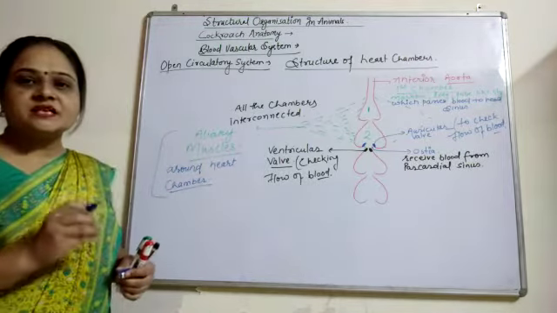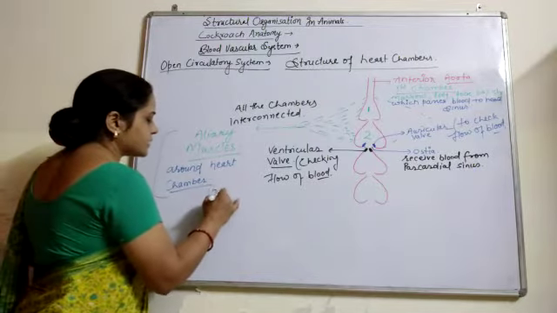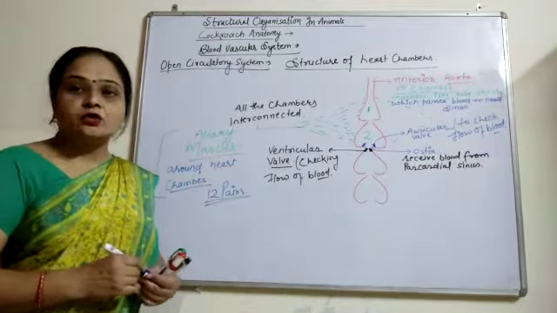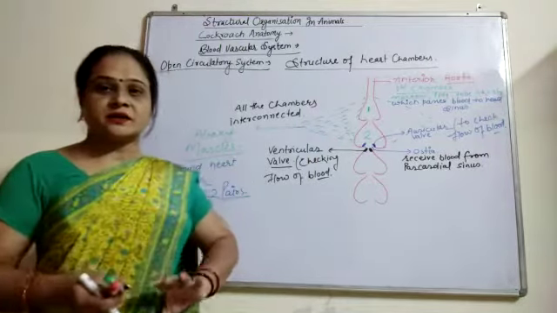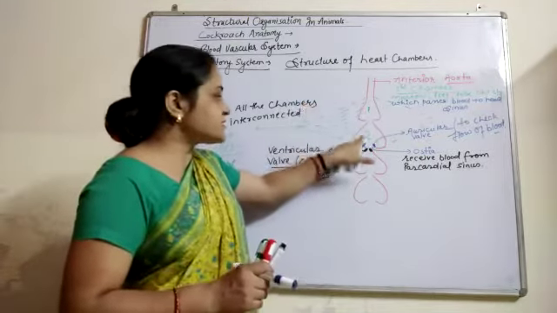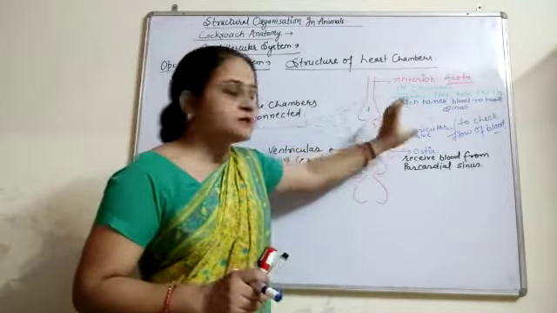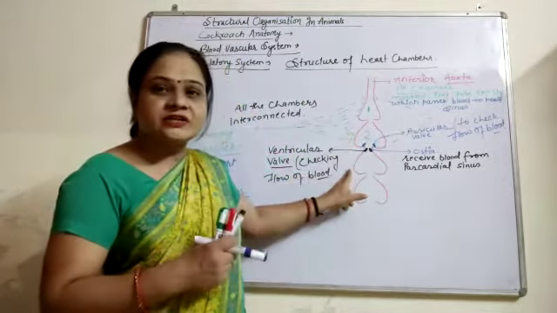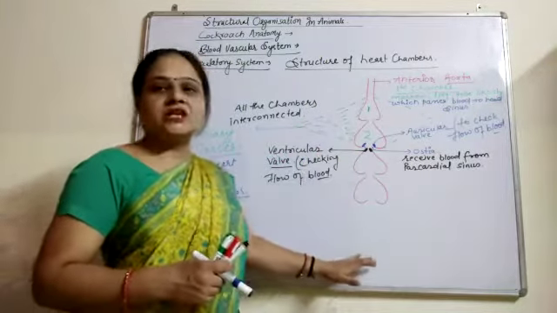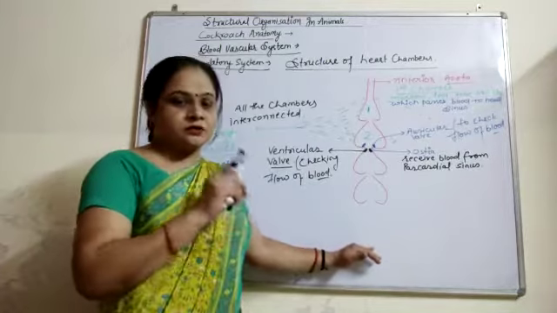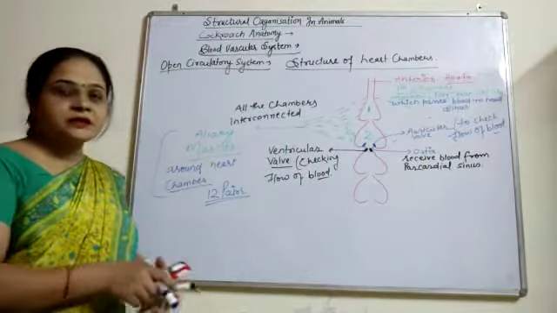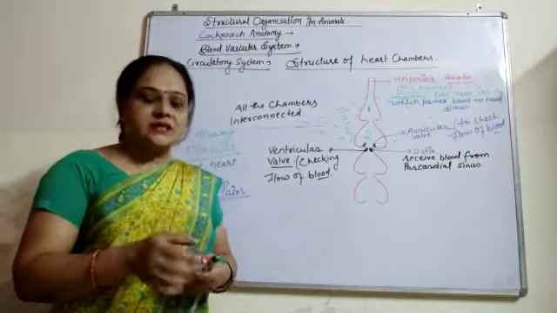How many alary muscle pairs are present? There are 12 pairs of alary muscles. Because the chambers are 13, one pair is present between each two. The first and second chambers have one pair of alary muscles, then the second and third chambers are again connected by alary muscles. So 13 chambers are present in the cockroach heart, and 12 pairs of alary muscles. What is the function of these alary muscles?